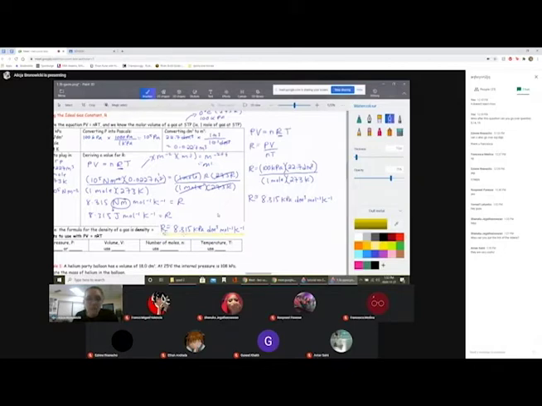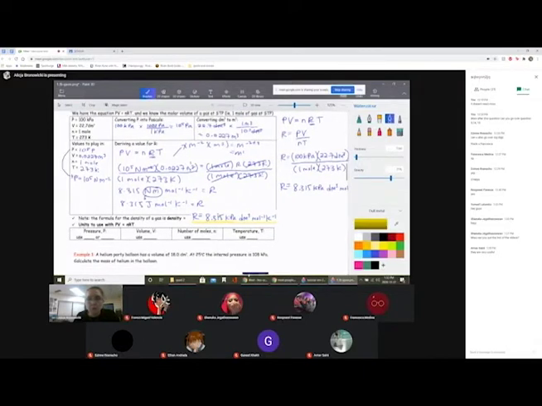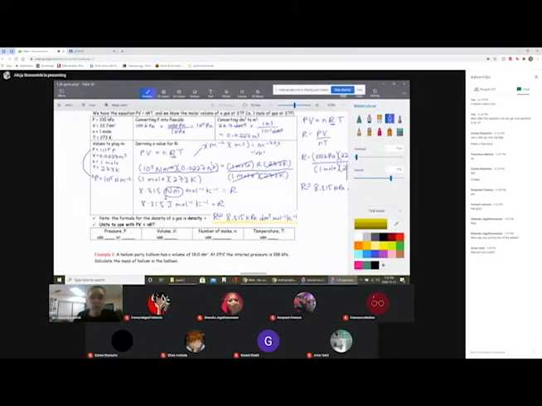If you want to think about pressure in terms of Newton meters or whatever, you can. But we have to stick to certain units, right? And that's where IB might try and trick you up. They might give you units and you might not realize that you have to convert them.